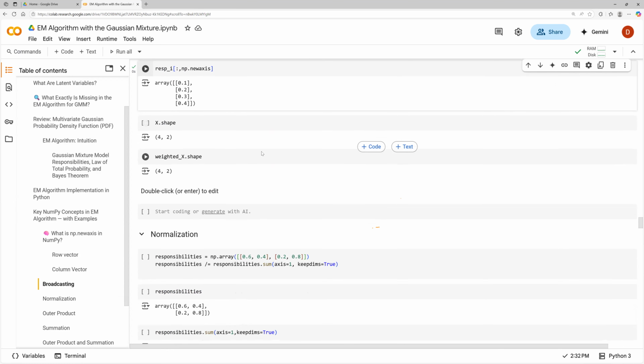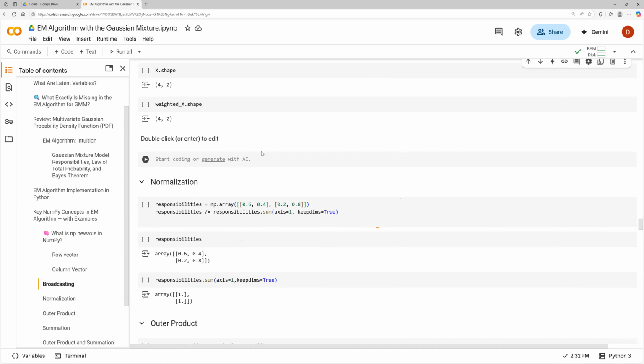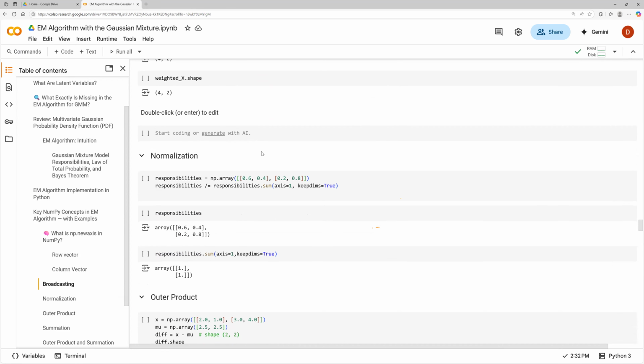Okay, so then the second thing is normalization. Okay, and we have these responsibilities, and then we divide by responsibilities. Here it's pretty easy because it's just going to be 1. It's going to just be the same thing.